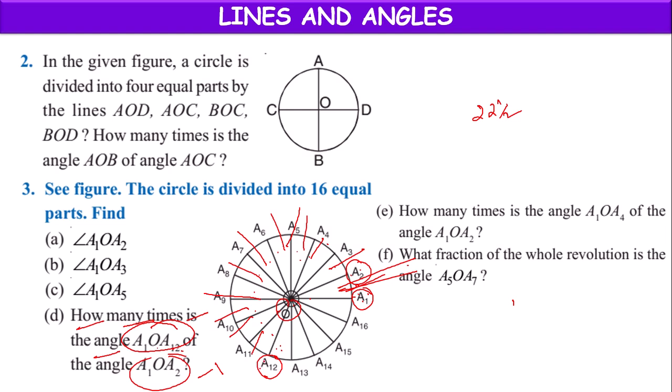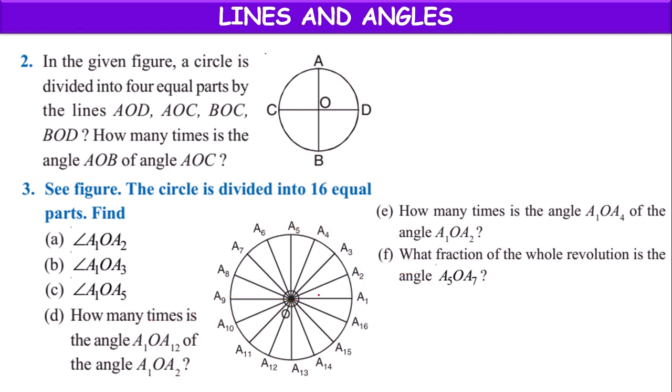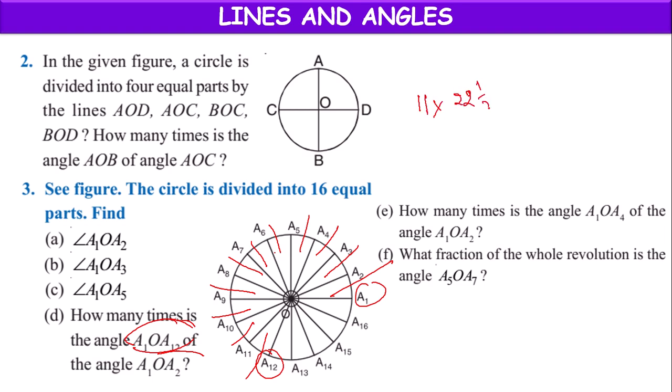But this value A1, O, A12 is 22 and a half plus 22 and a half, and so on: 1, 2, 3, 4, 5, 6, 7, 8, 9, 10, 11. So it is 11 times 22 and a half.